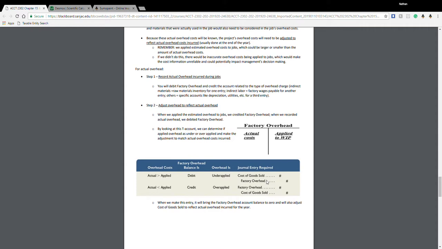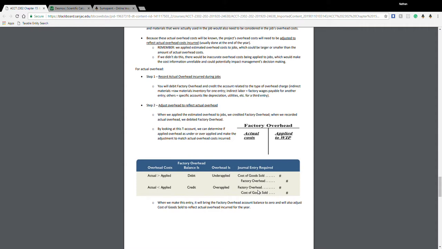The same thing happens in reverse. If somehow my applied is greater than my actual, we basically overestimated. We over-applied our expenses. So when that happens, we take a debit to factory overhead for that amount of difference, and then we credit cost of goods sold.